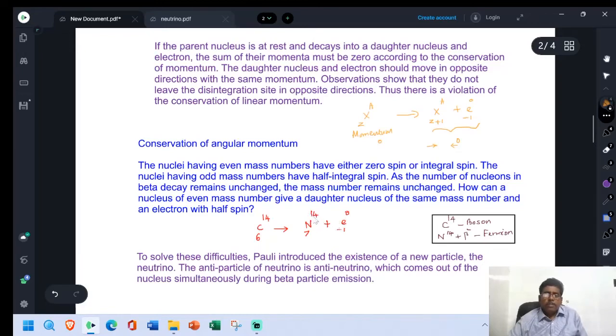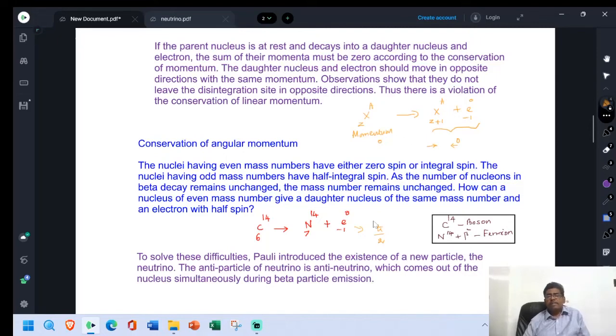Here there is no change in the mass number, but the additional electron has an angular momentum value of h-bar by 2. If you sum up the angular momentum of these two, we get a fermion. Carbon is a boson, nitrogen is also a boson, but if you add an electron to it, the total is treated as a fermion.